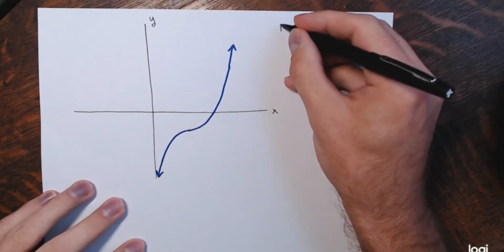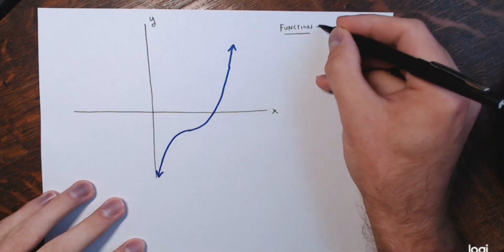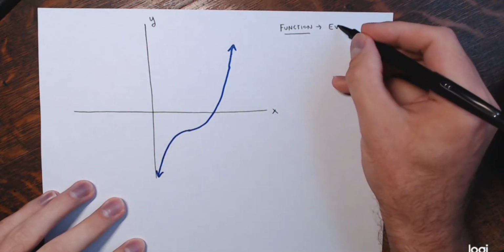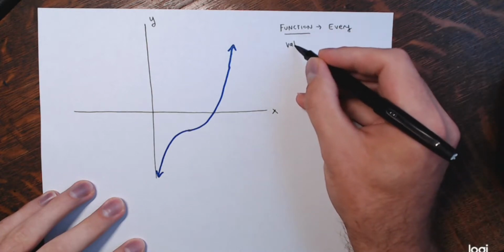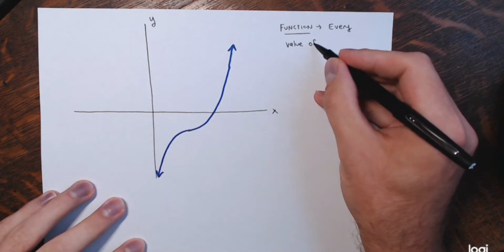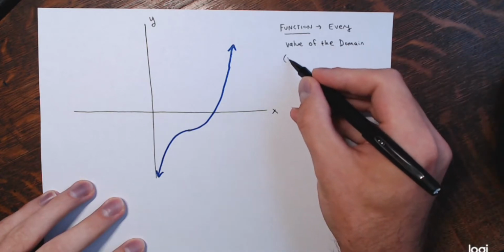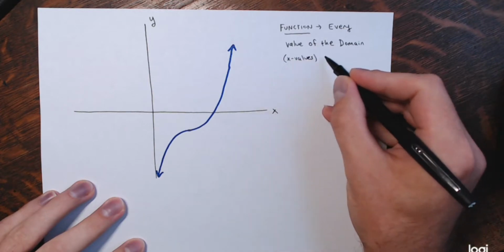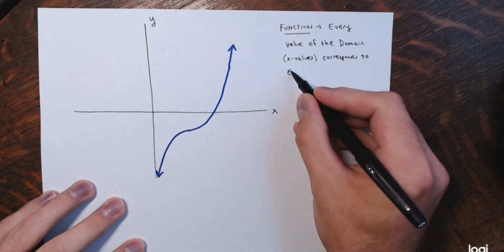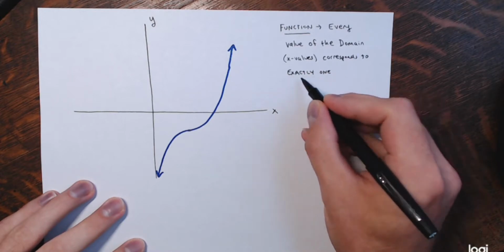So hopefully you recall that in a function, every value of the domain, which are going to be x coordinates, every value of the domain, which again are x values here, corresponds to exactly one value of the range.